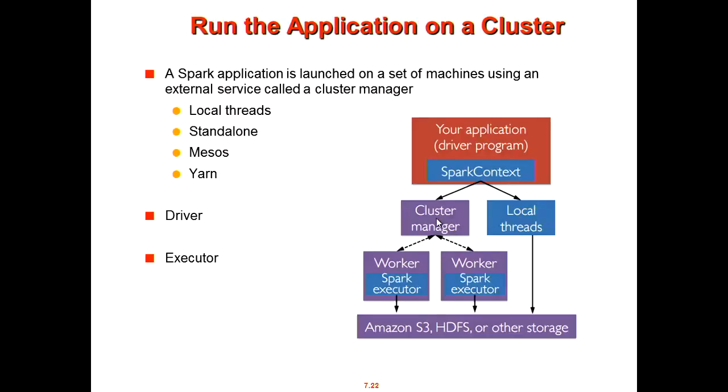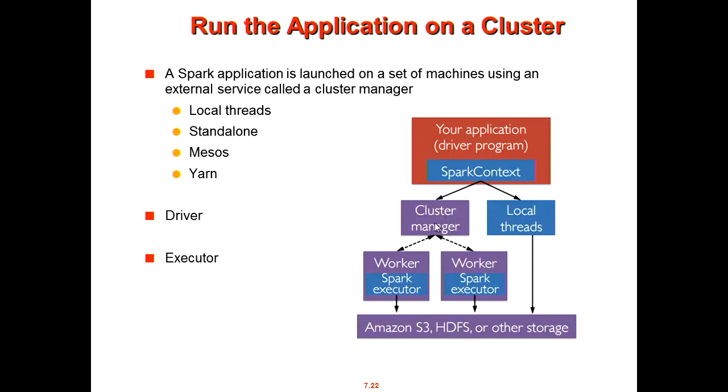This picture was shown to you before. It's about the Spark components, and this is the main function. You need to create a Spark context object here, and then the Spark context in the driver function will see which cluster manager is used. It could be local threads, meaning local or local[K], which runs locally and not in a cluster.